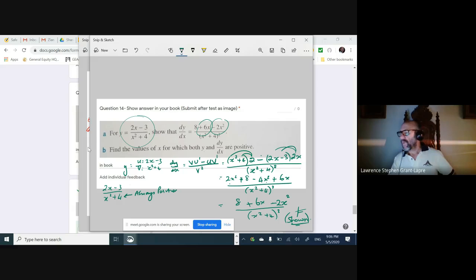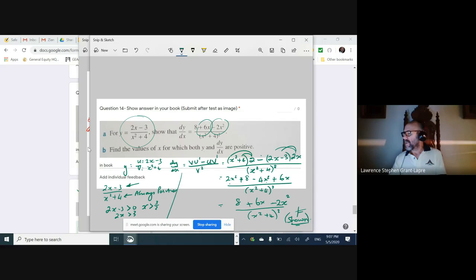And therefore, we want that to be positive. So 2x minus 3 to be greater than 0. 2x is greater than 3. Therefore, x will be greater than 3 over 2. Okay, for that bit.